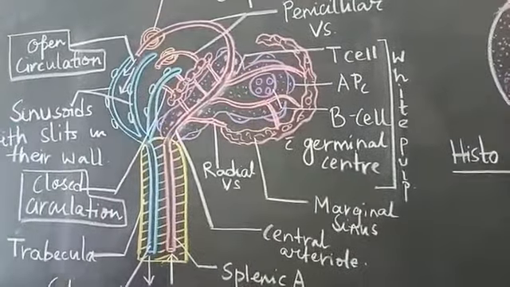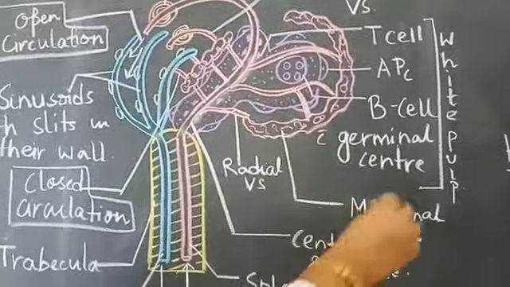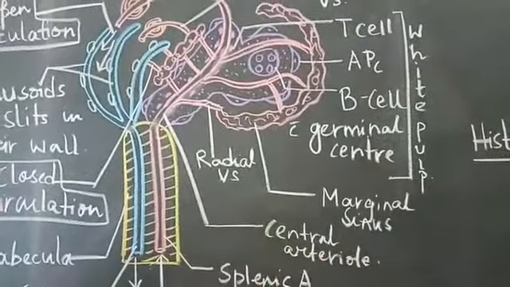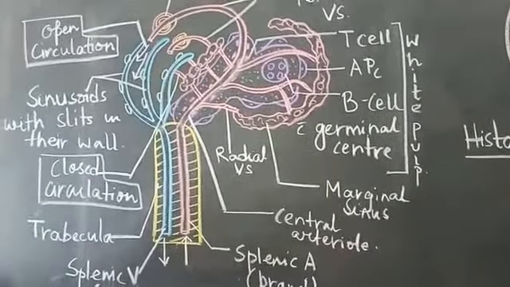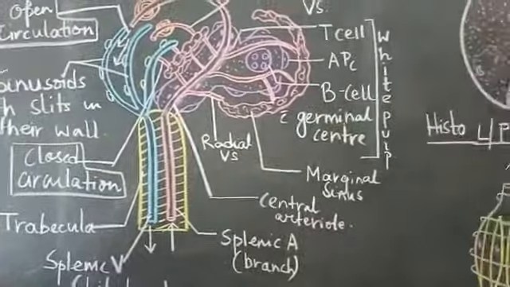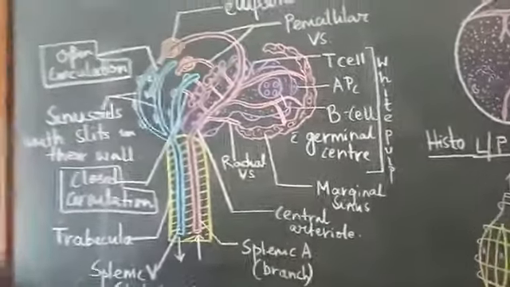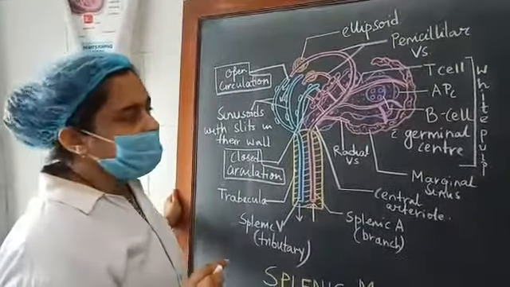That is known as the periarteriolar lymphatic sheath, which constitutes the white pulp. The other name of white pulp is the Malpighian body. On a cut section of a fresh spleen, under the naked eye, you can see this as some white dots.